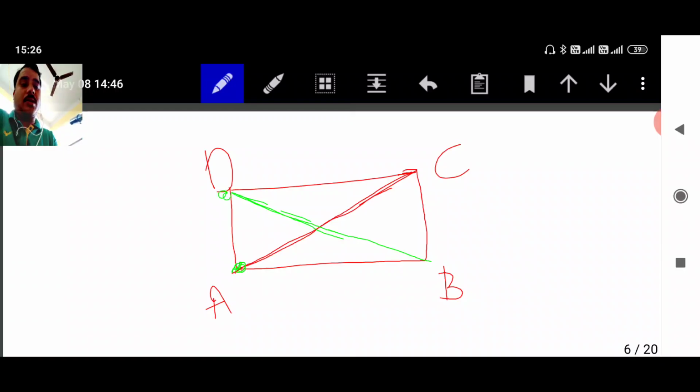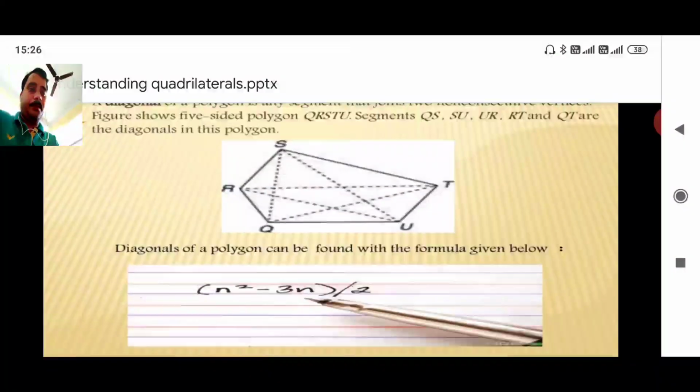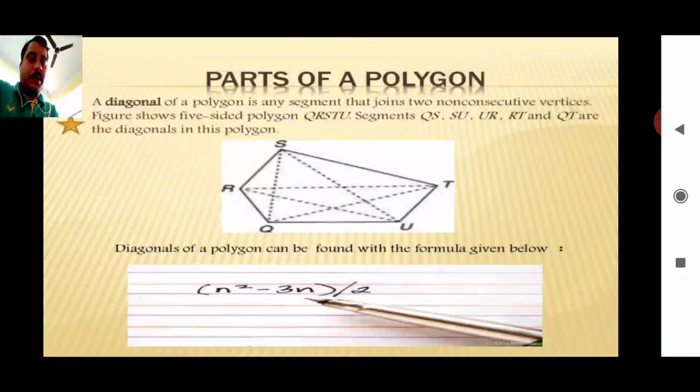Two non-consecutive vertices: these are consecutive, but this and this are non-consecutive. Okay, this and this are non-consecutive. So AC and BD are diagonals. Here you can see that QS, SU, UR, RT and QT are the diagonals in the polygon.